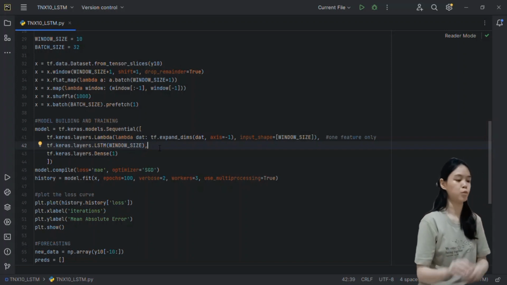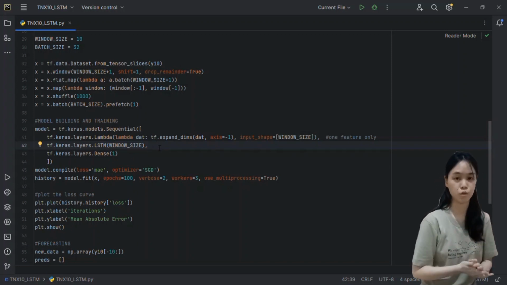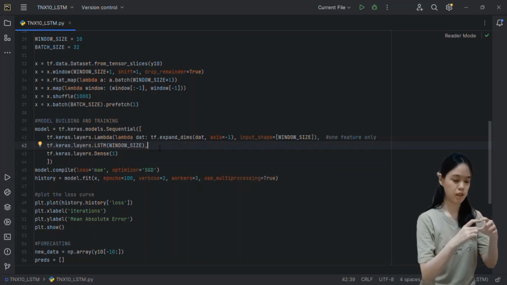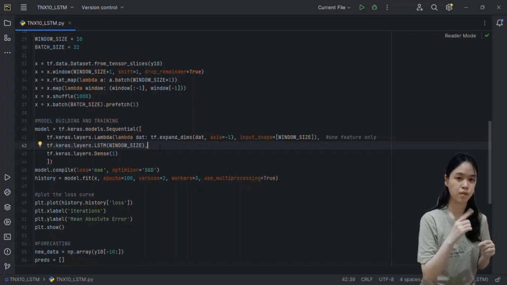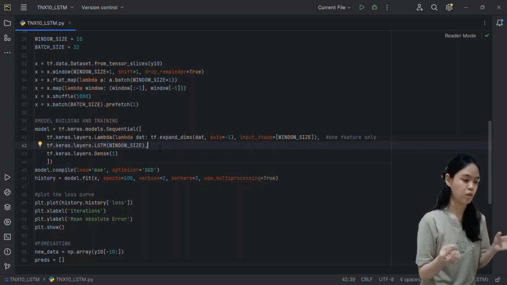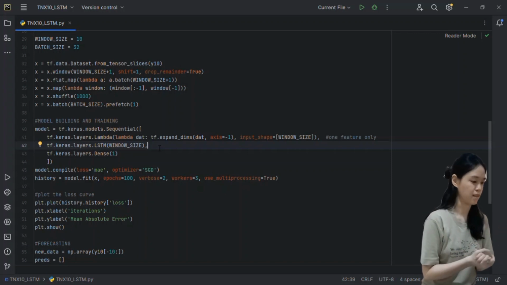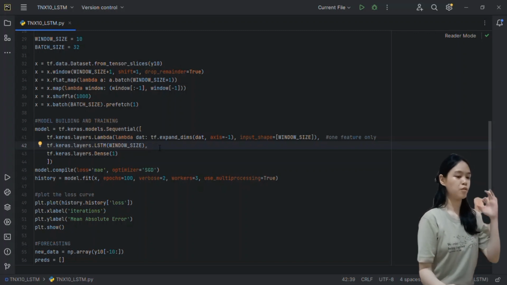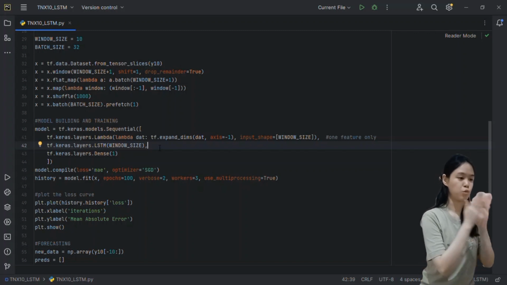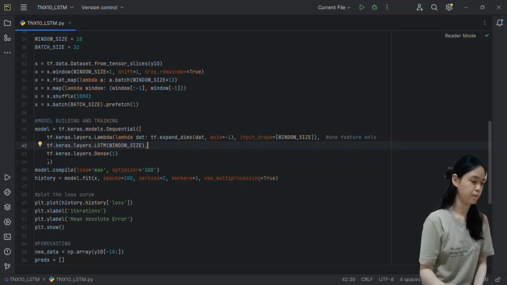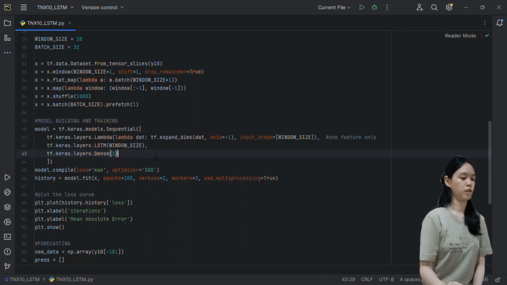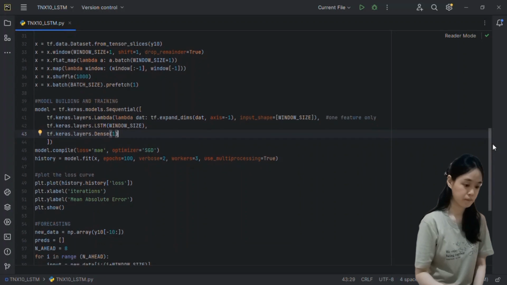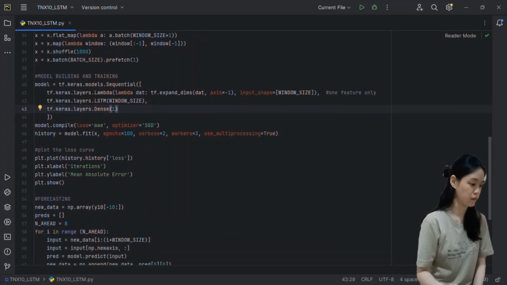And then the output of that would be a vector of 10 values, since in each rectangle, it would output a value. So that's why we have 10 rectangles, we have 10 neurons, so we have 10 values as an output. And to get from 10 values to 1 value only for our prediction, we do so with the dense layer. Dense layer with just 1 unit. Okay, so that's our model.